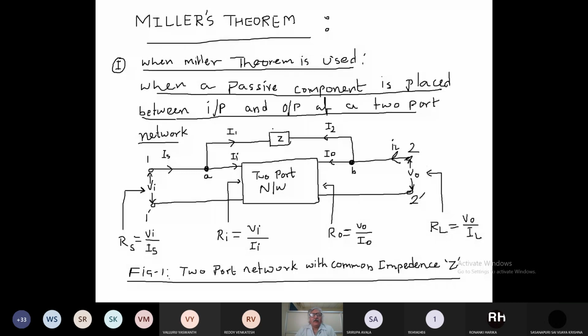One will be connected only at the input side and another only at the output side.